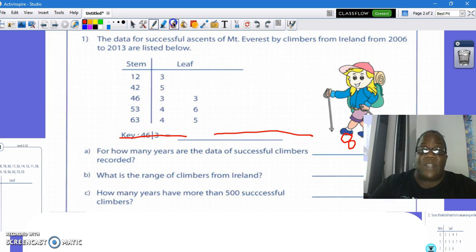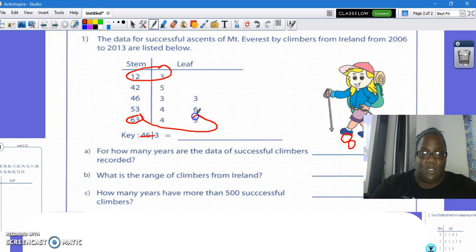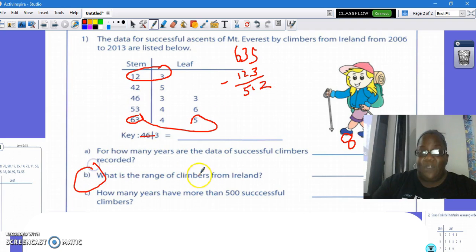Our lowest number in this stem and leaf plot is 123. And our largest number is 635. So if we subtract these, 635 minus 123, we should get 512. So there's your answer for B.